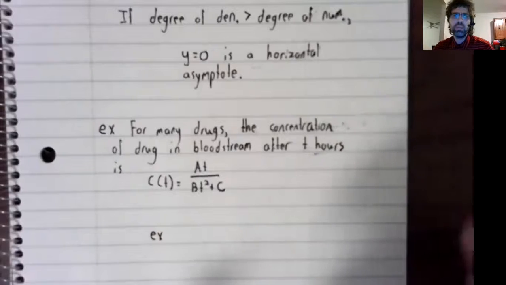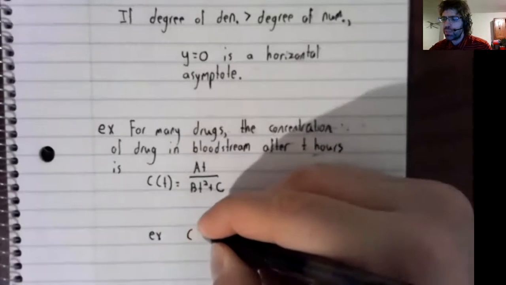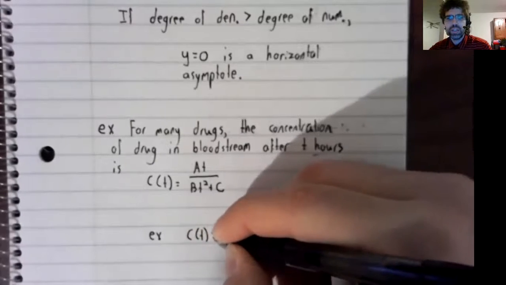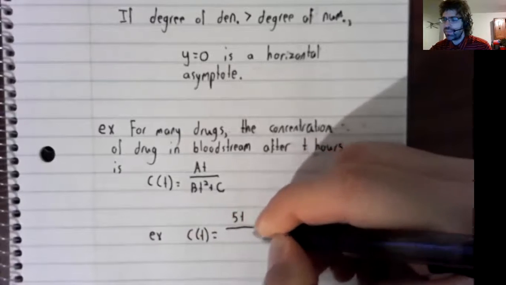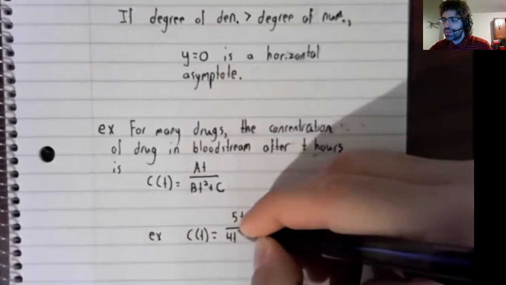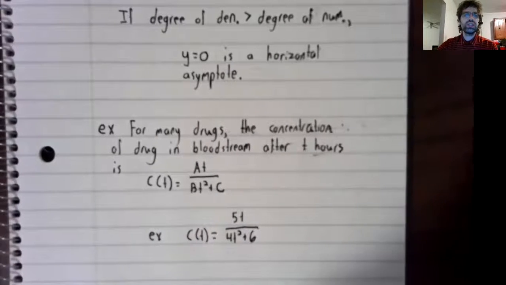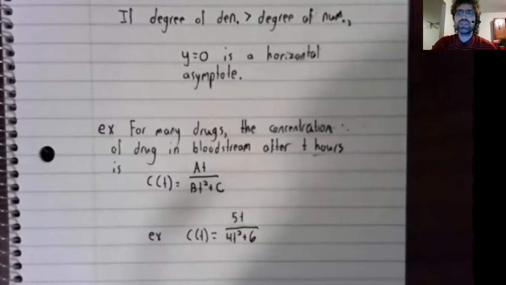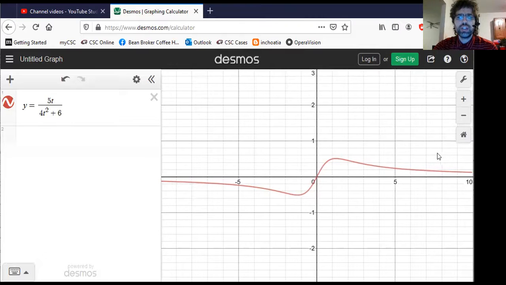So, for example, for a certain drug and a certain patient, maybe C of t is 5t divided by 4t squared plus 6. Let's take a look at this. Here is the graph of this function.